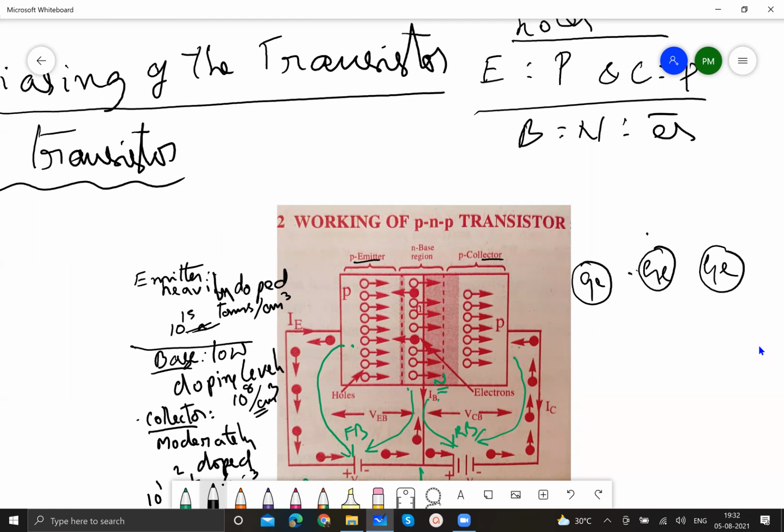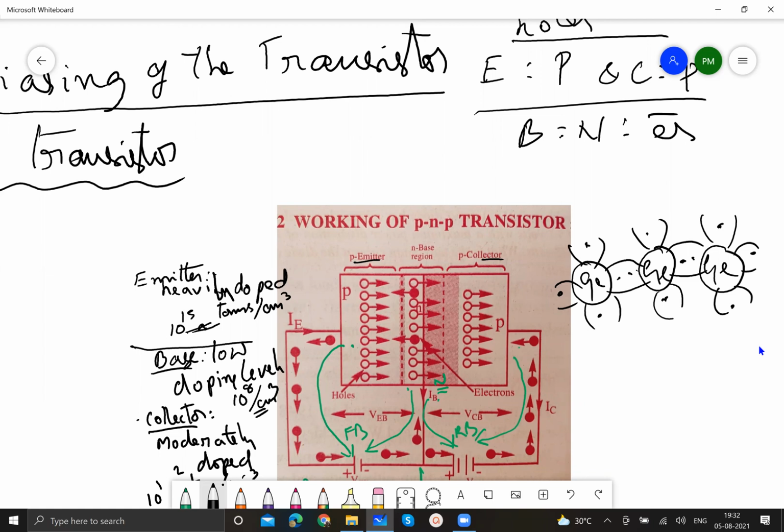And this is how the electrons are in covalent bonding with the germanium atoms. So these are the covalent bonds. No electron is free in the crystal lattice. All are in covalent bonding with the neighboring germanium atoms.